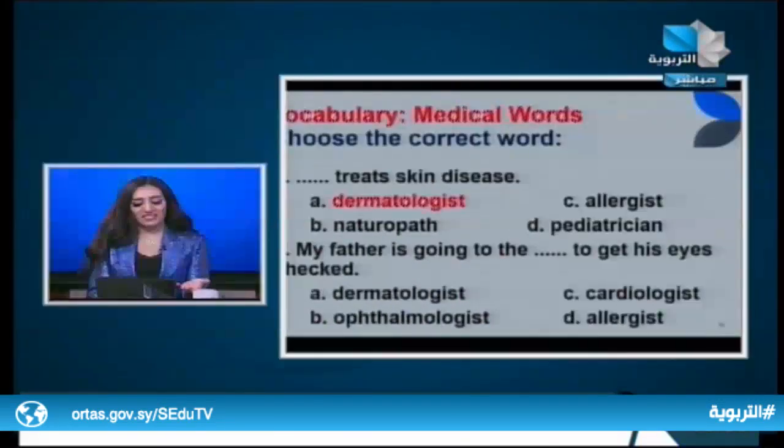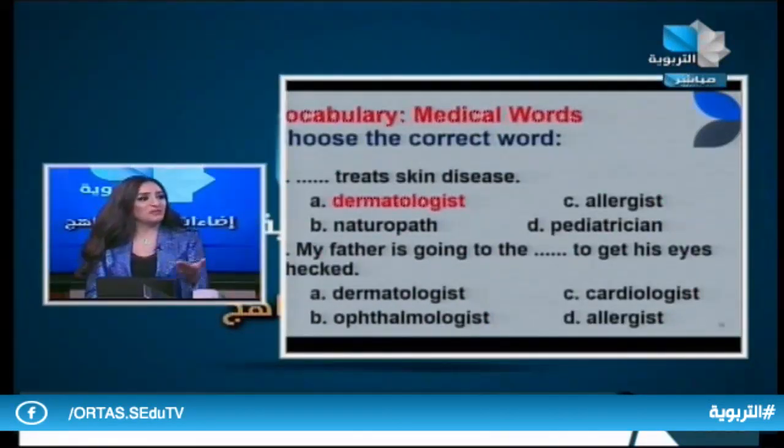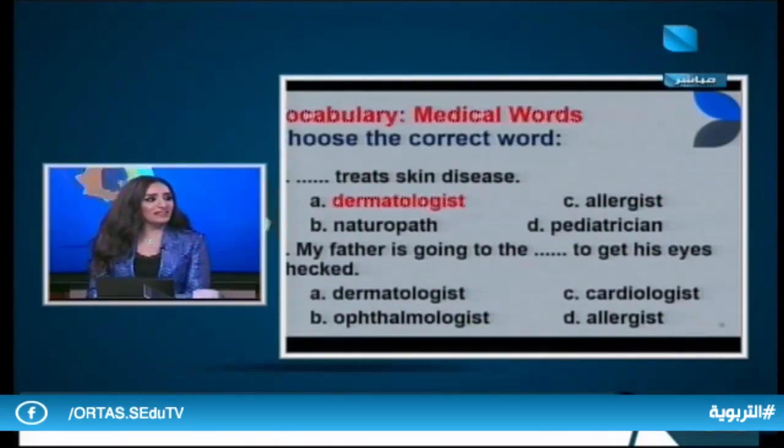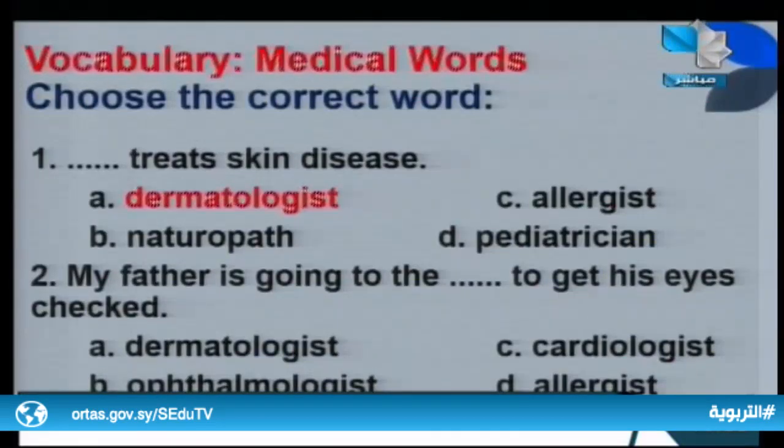A cardiologist treats something connected with the heart, or cardio, or blood pressure. So C is omitted, and an allergist is the doctor who treats anything connected with allergies. Maybe I'm allergic to dairy food, so I have to go to the allergist. So it's not allergist, and ophthalmologist is the correct answer.